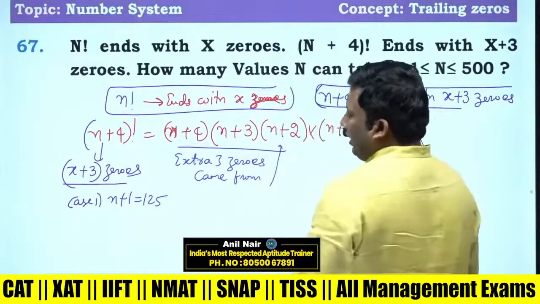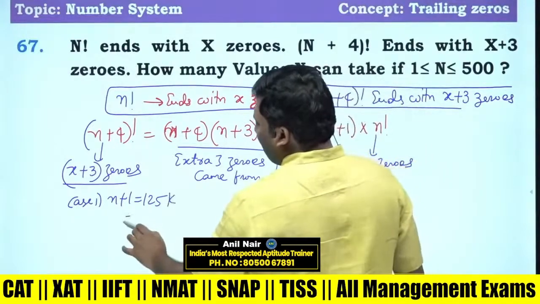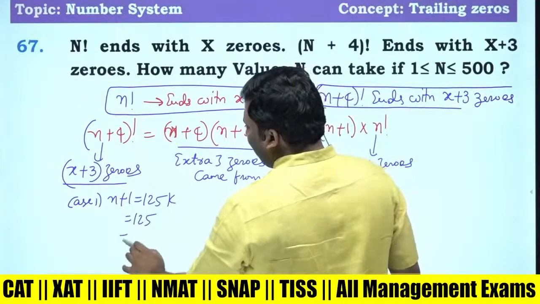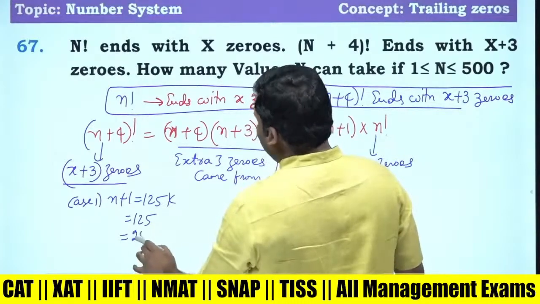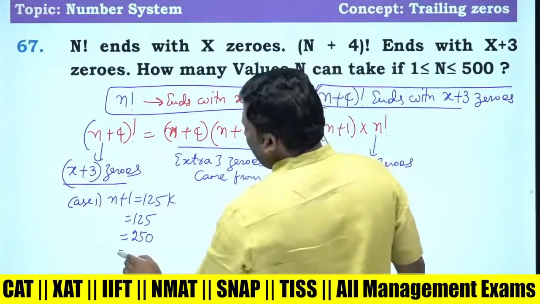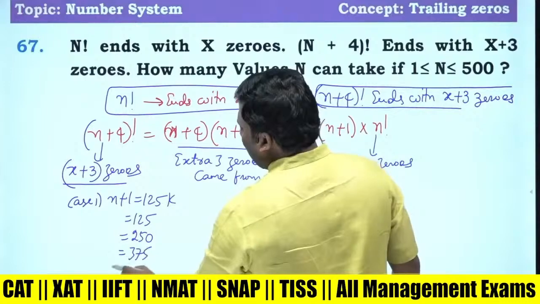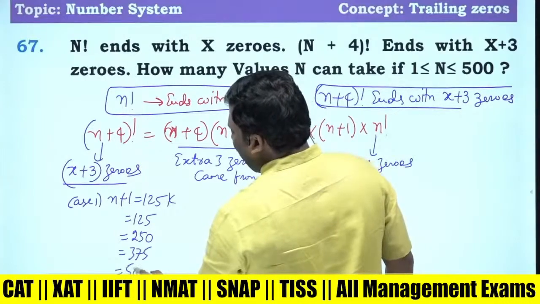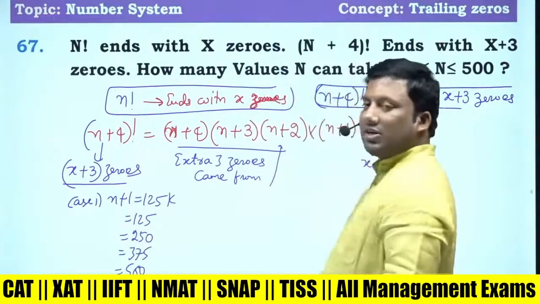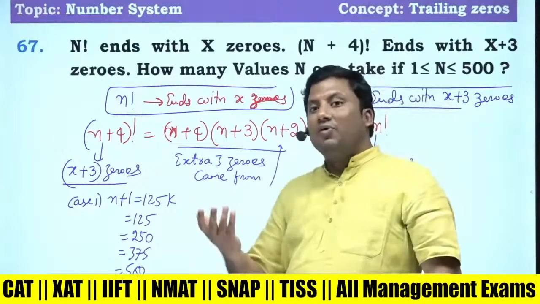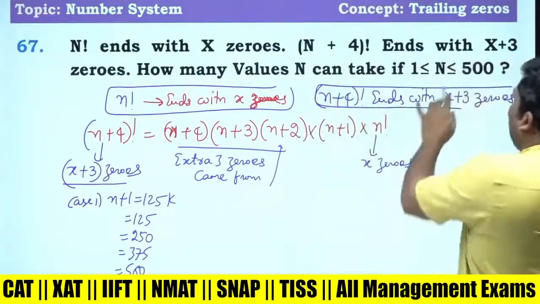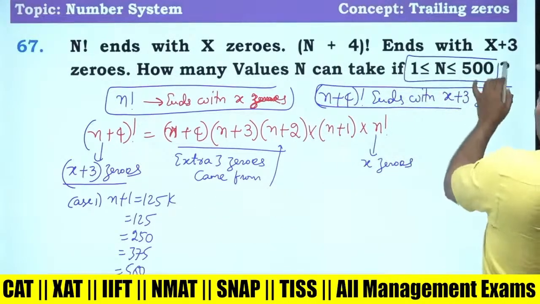Yes or no? It can take 125 times k, right? So it can take 125, 250, 375, 500. N plus 1 takes 500, n value will be 499. N is ranging from 1 to 500.